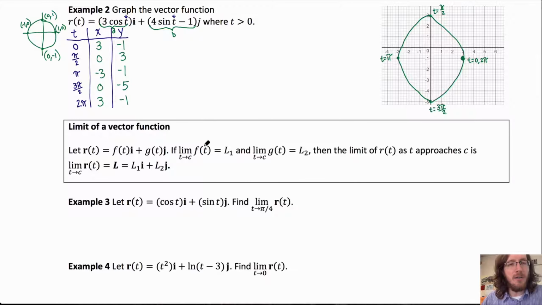If the limit of f of t, our horizontal component, as t approaches some value c equals some limit L1, and the same thing for our vertical component, it equals some limit value L2, then the limit of r of t, our vector valued function, as t approaches c, is defined by the limit of r of t equals the limit of our horizontal component times our i vector plus the limit of our vertical component times the j vector.